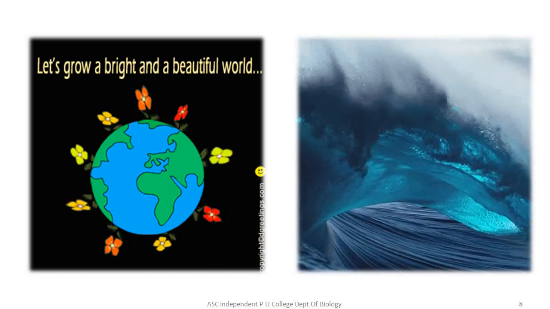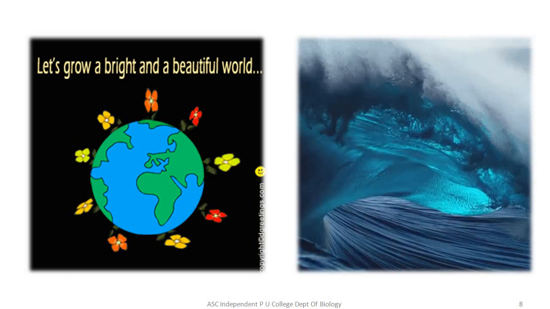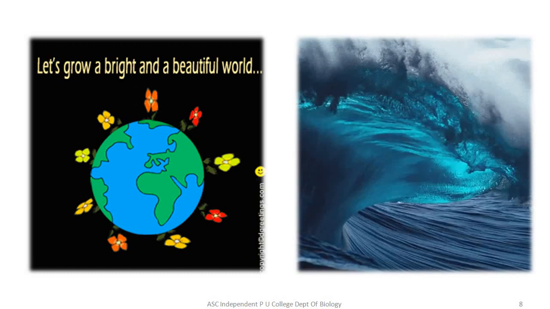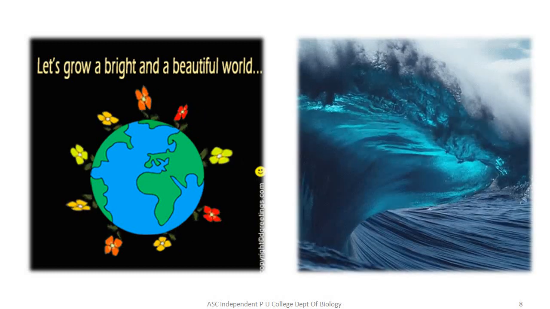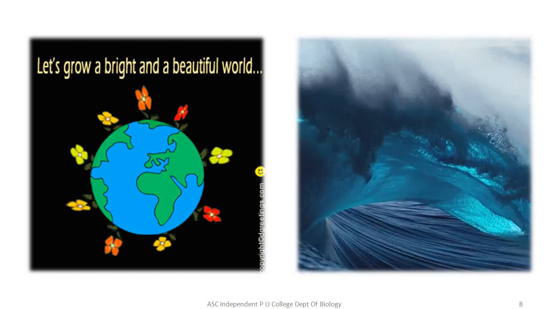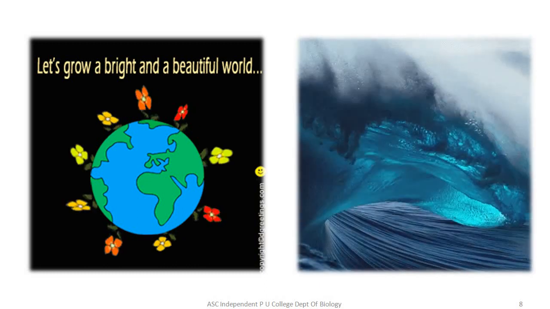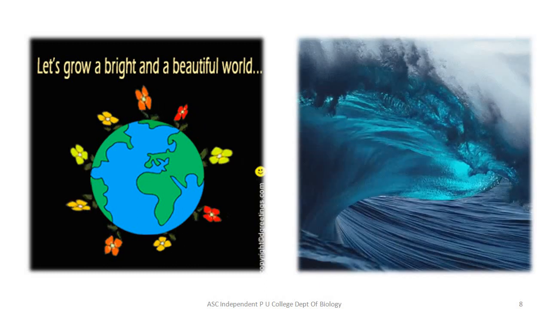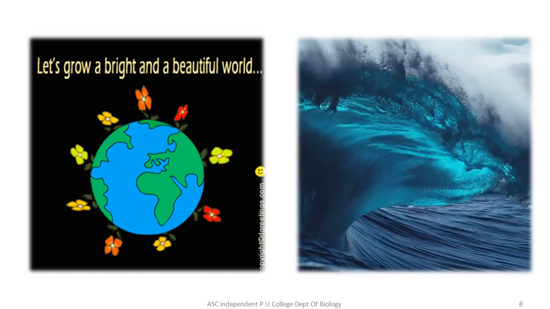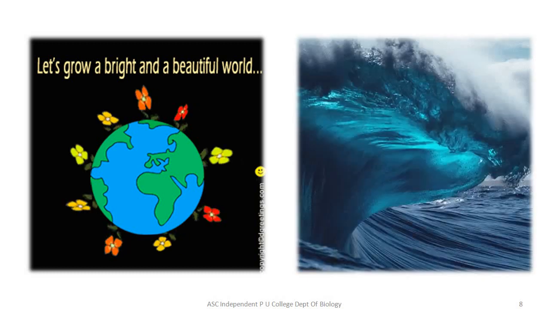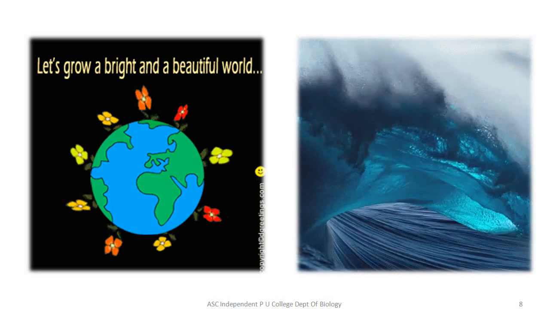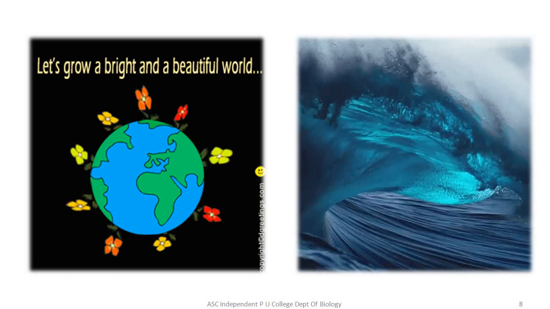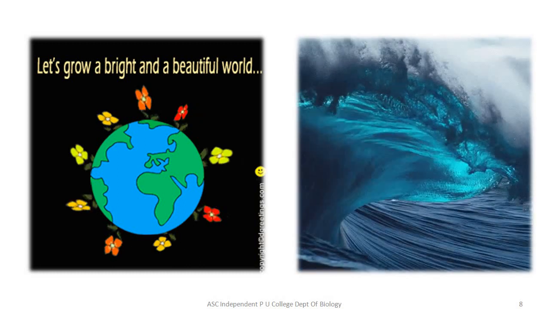Now please understand, biomass is the mass of the living organisms, or the amount of organic matter. When we use the term dry weight, it includes the weight excluding the water content in the organisms. Now our body is made up of 70% water and the rest is organic matter. When we exclude water, what is left is the dry weight. Okay, I hope things are clear to all of you.